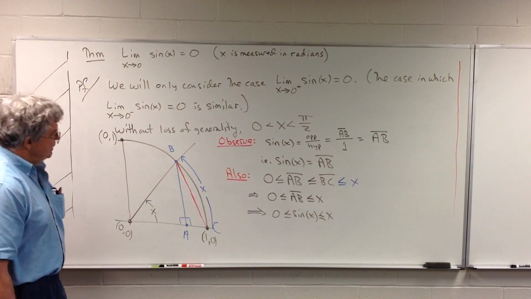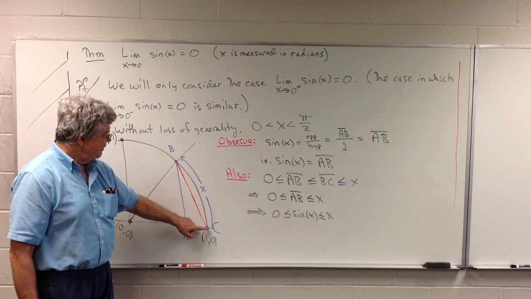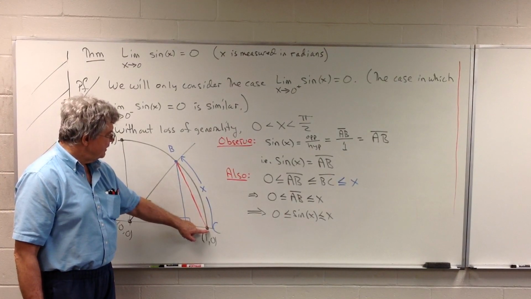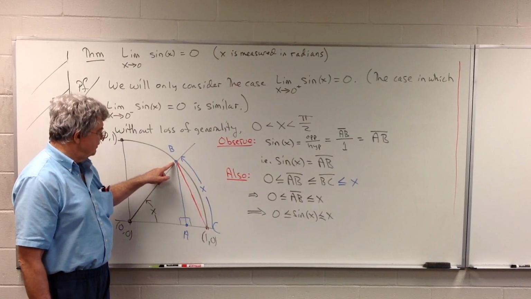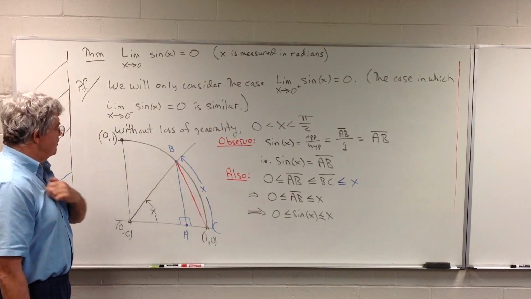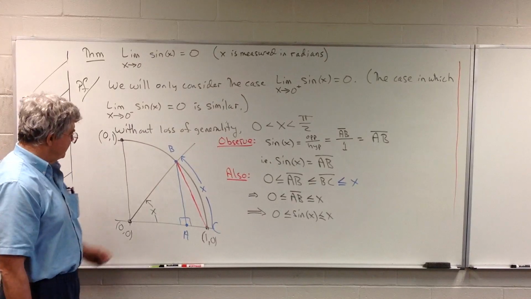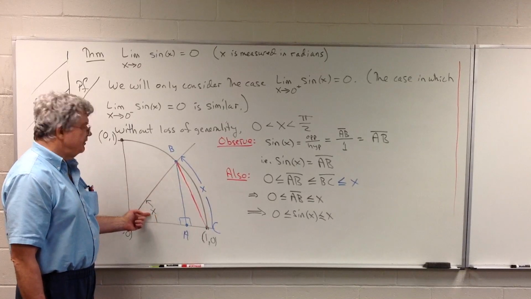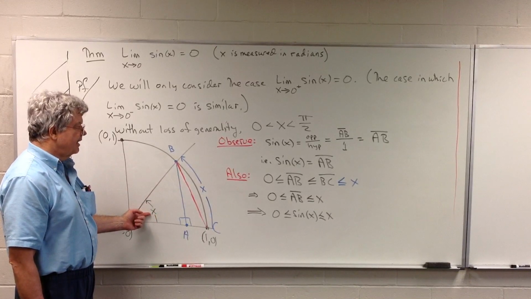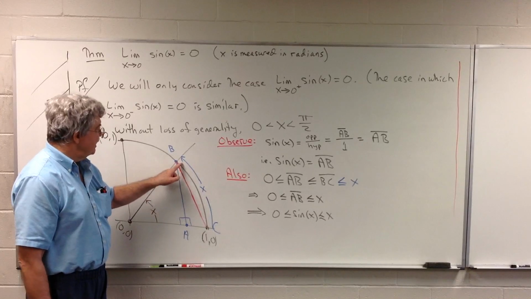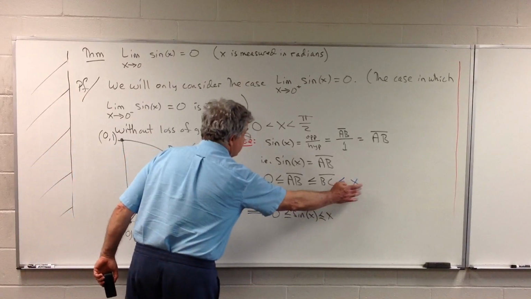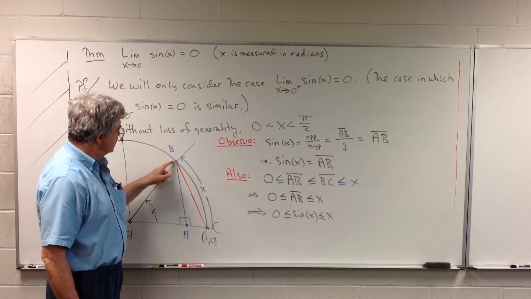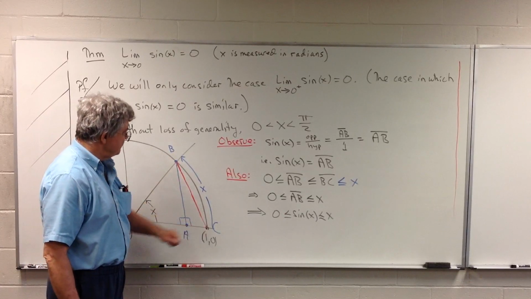And then finally we have the arc length from the initial side of the angle to the terminal side of the angle. And remember, in the unit circle, the arc length numerically is the same as the measure of the angle. So the length of this arc is just x. And why is the length of this arc greater than or equal to the measure of line segment BC?